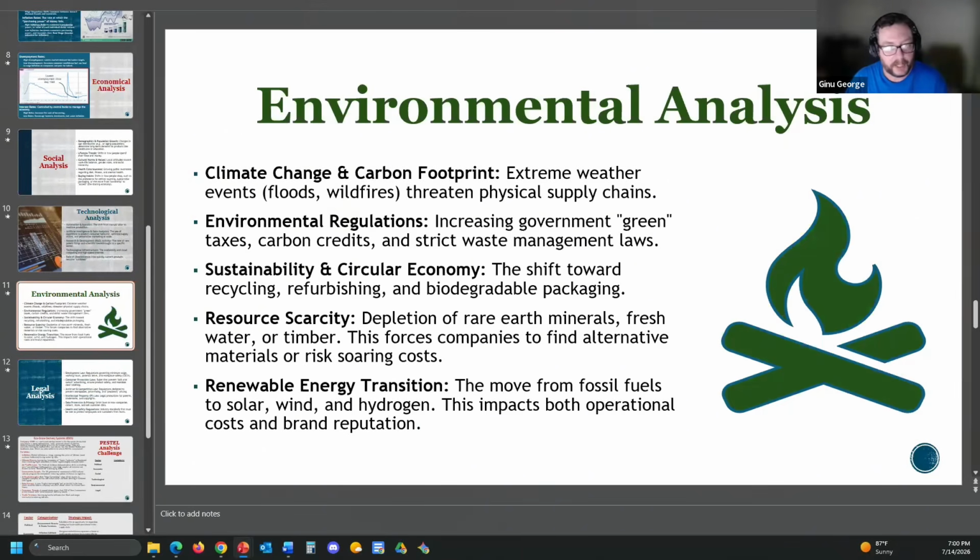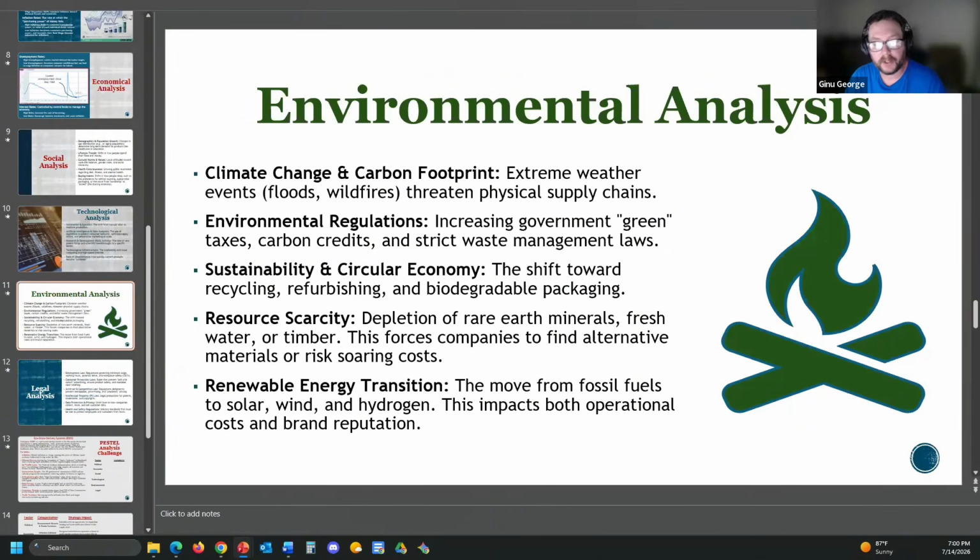Just think about the last World War, right? In the United States, fabric was at a premium. And so synthetics, polyester, were created as a direct result of the scarcity of cotton during the Second World War. So we have to plan for resource scarcity as we're thinking about our businesses.